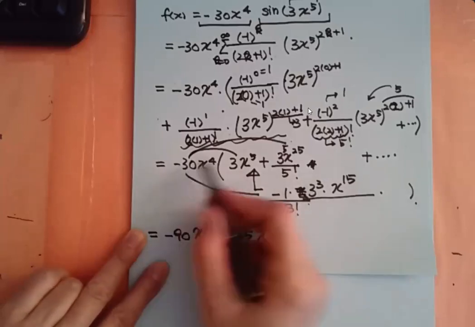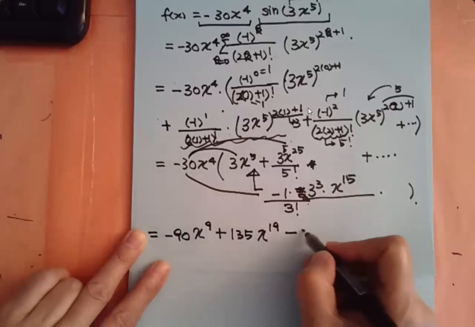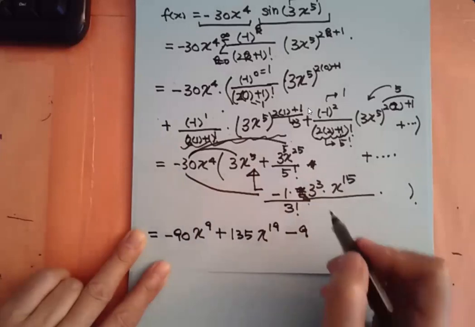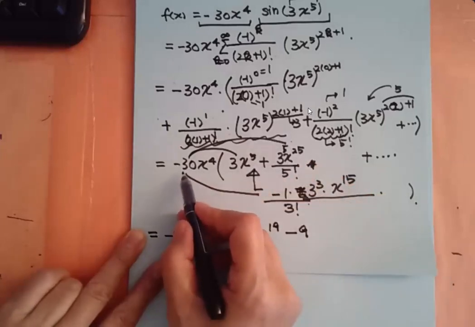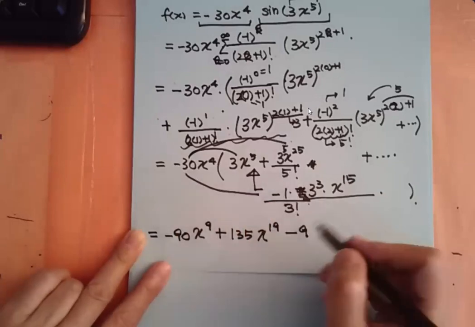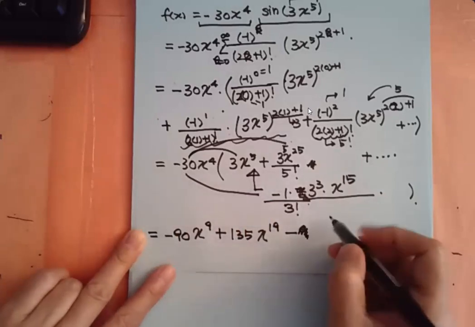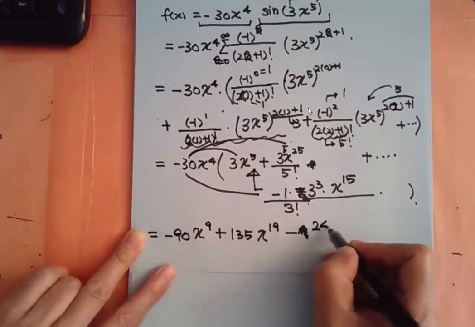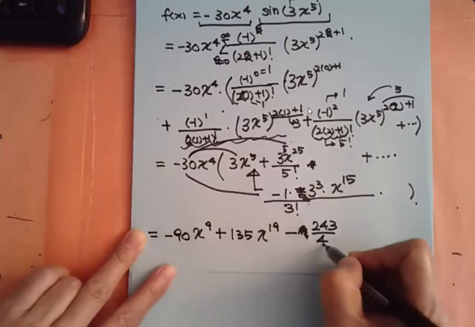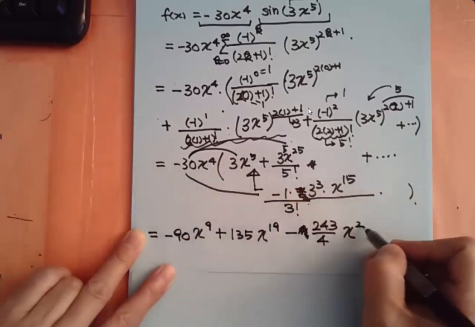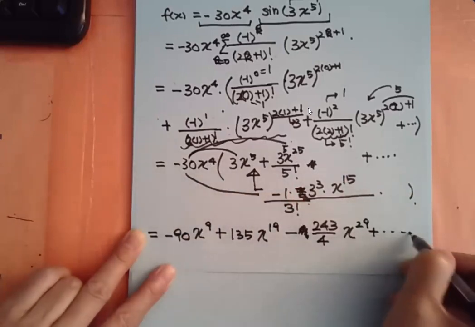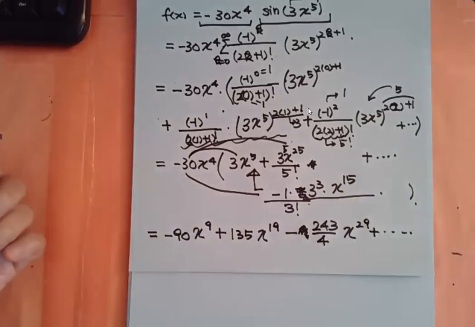And then if you multiply these two, then that is negative 9. No, it is not negative 90. It is 3 to the fifth power times 30 over 5 factorial. I think it is better to use your calculator. Then it is 243 over 4 times x to the 4 plus 25 will make 29, and so on. So alternating pattern.